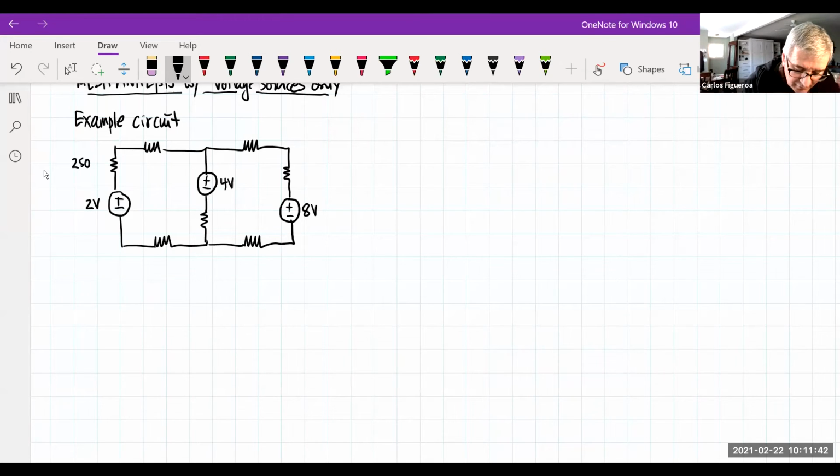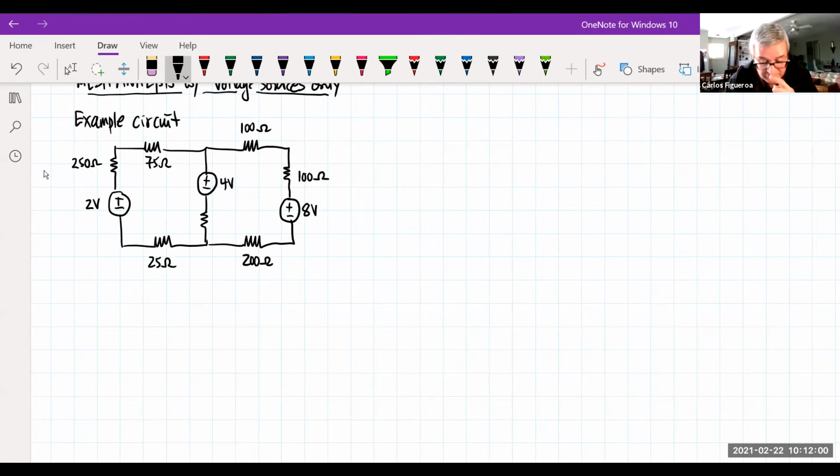So this is a 250 ohm. This guy is a 75. We have a 25. These are really just kind of random values, but I think it addresses a very important point.